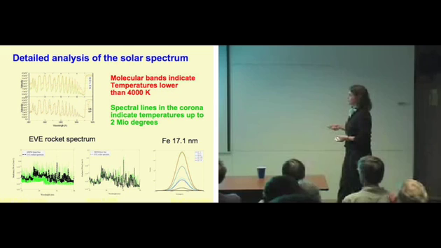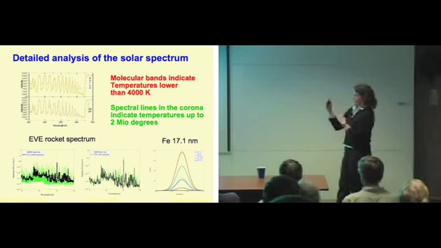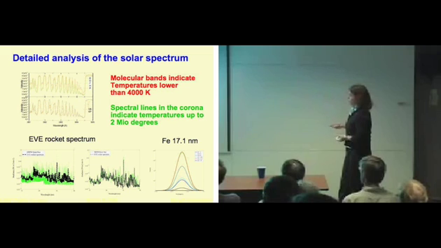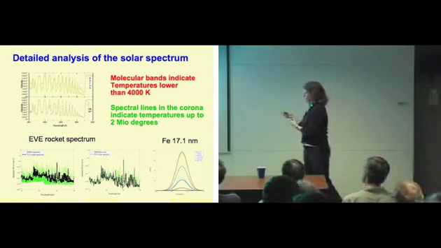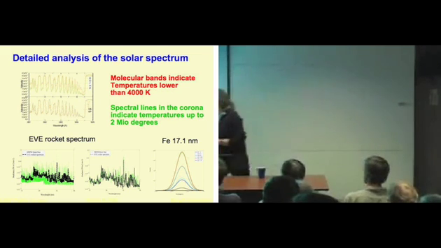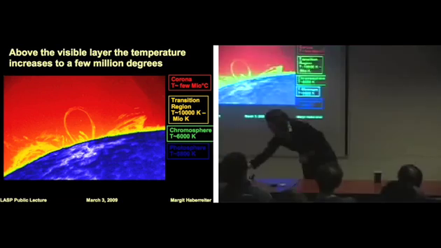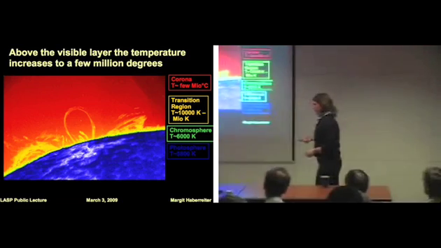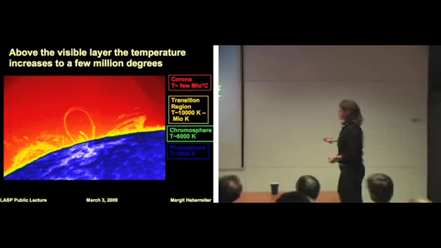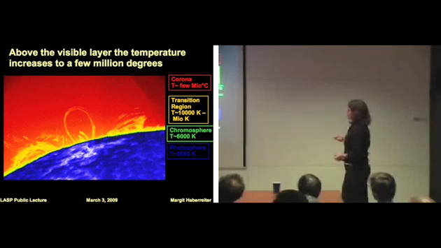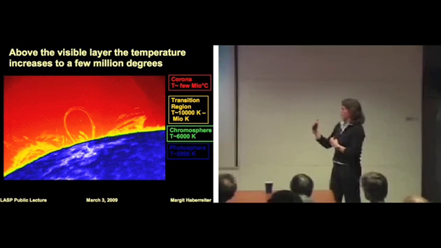Because all these lines can only be observed at high temperatures, they are at a very high ionization state. We can also do detailed calculations of just single lines, but these are just examples. From these calculations, we then know roughly what the temperature structure of the solar atmosphere looks like.